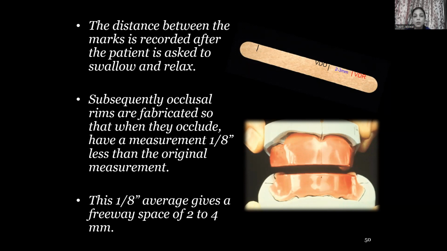So we will mark the points on these landmarks, and then record the distance between these marks, asking the patient to swallow and relax. In the relaxed position and then the swallowing position, we will ask the patient to perform such movements, and then we will record the distance. This distance helps us determine the vertical dimension at rest. Subsequently the occlusal rims are fabricated such that there should be 2 to 4 mm space lesser than this distance.